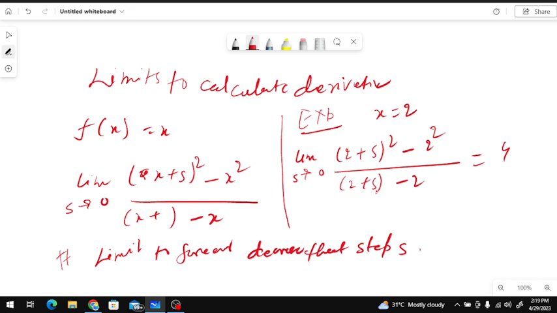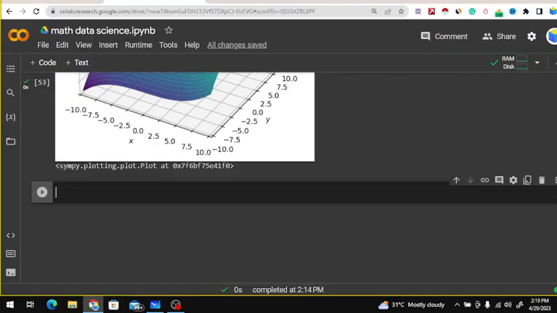Now let's see how we write this in SymPy. I am going to use limits to calculate a slope.